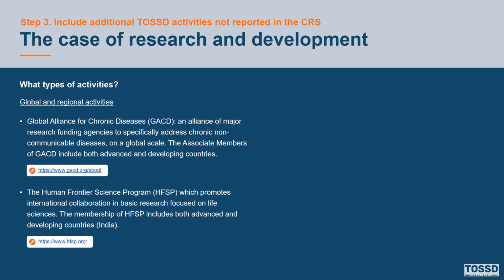The associate members of this alliance include both advanced and developing countries. The following example is the Human Frontier Science Program, which promotes international collaboration in basic research focused on life sciences. The membership of this program includes also both advanced and developing countries, such as India.